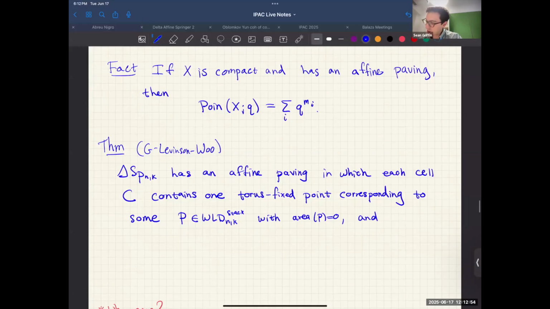And so there should be some translation between these cell dimensions, the m_i, and the combinatorics. And it turns out that the codimension of the cell inside of the variety is equal to the dinv.